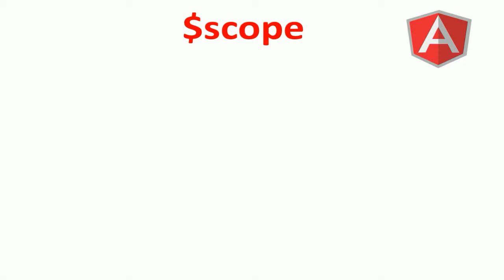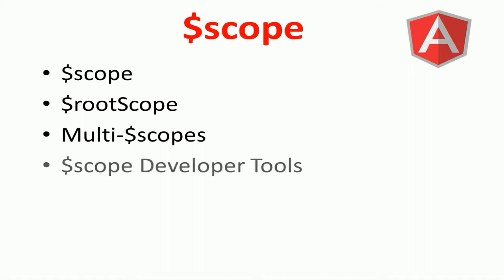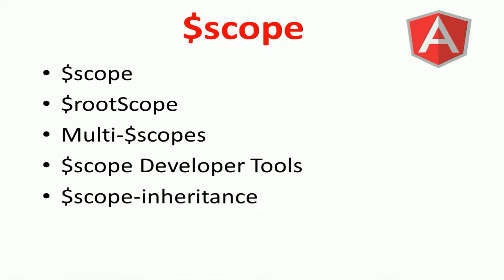The scope topics I will cover in this video include a more formal introduction to the scope and the rootScope objects, understanding how an Angular application can generate multiple scopes, and using developer tools to help you understand and work with scope. Since an Angular application can create multiple scopes, we will explore the hierarchical parent-child relationship of scope, as well as the associated prototypal inheritance they follow.